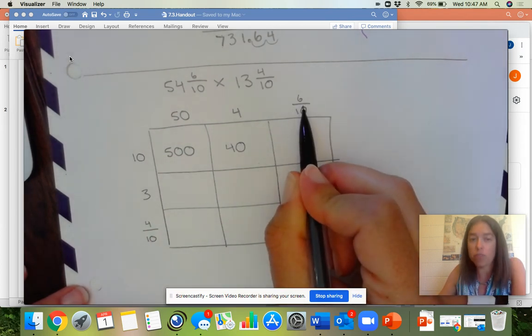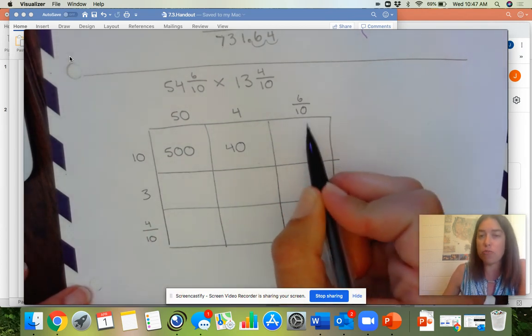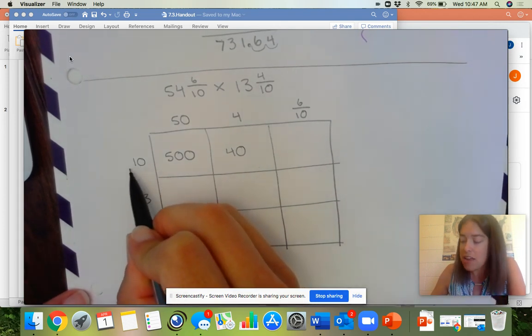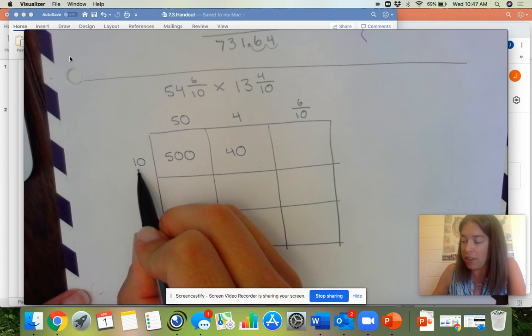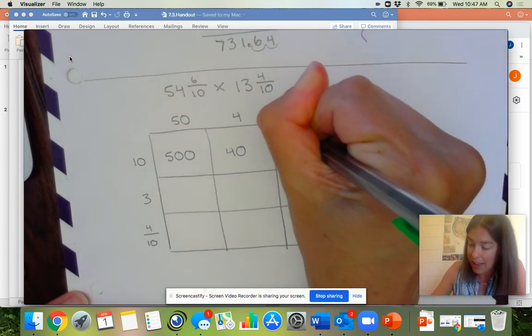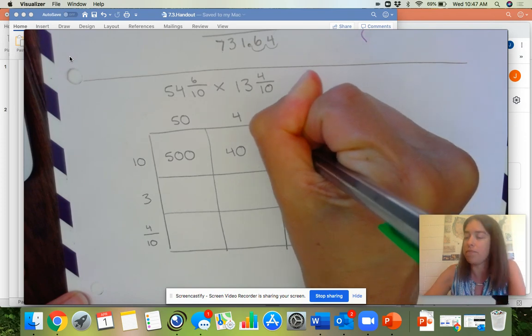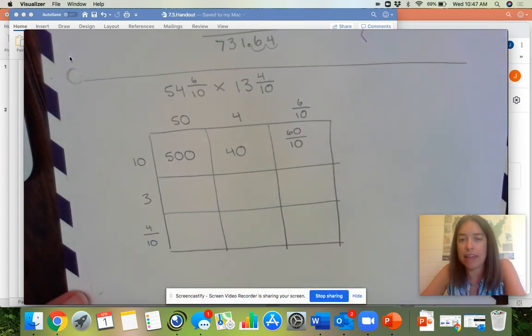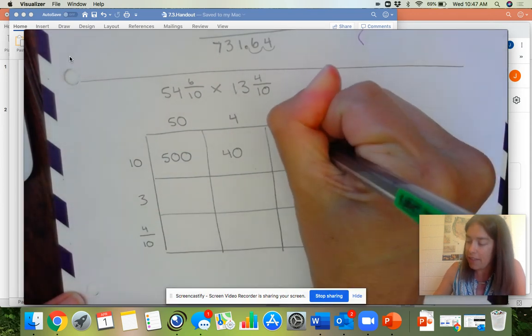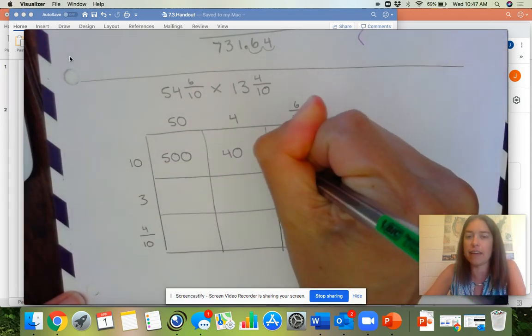I know when I'm multiplying those fractions, I multiply my numerator, and then my denominator. I know my denominator for 10 is just 1, so I'm doing 10 times 6 is 60 tenths. And that's an easy one for me to reduce. I know that 60 tenths is the same as 6.